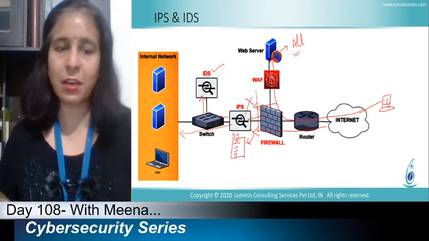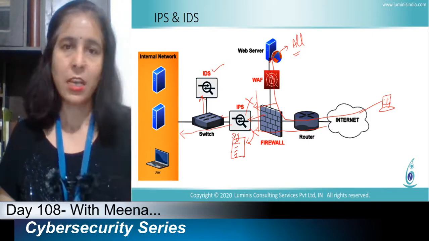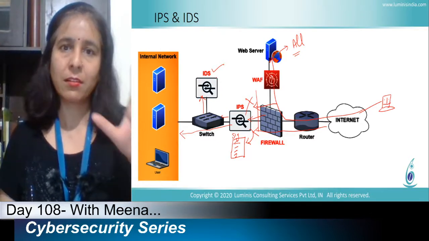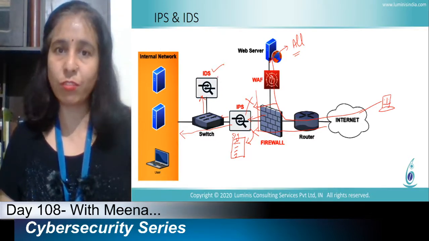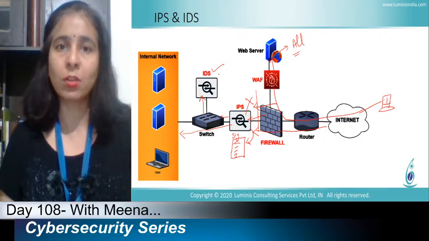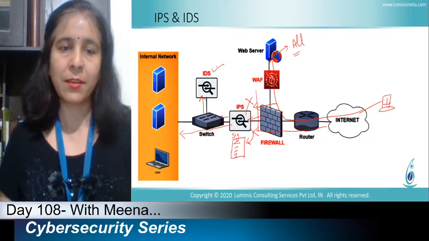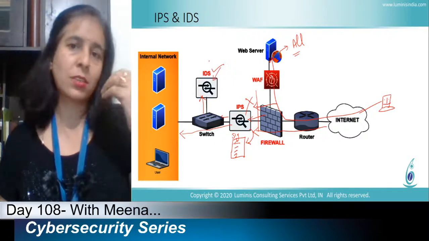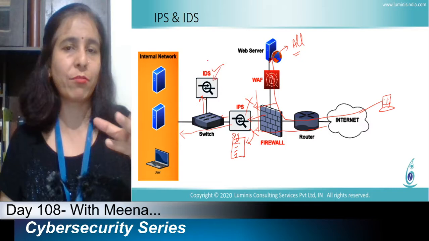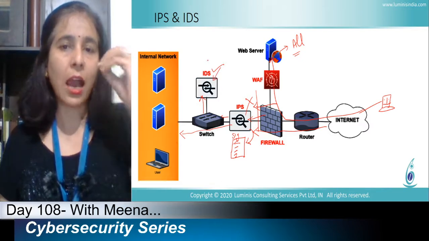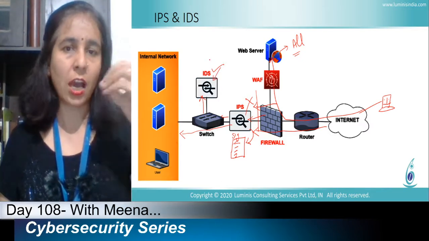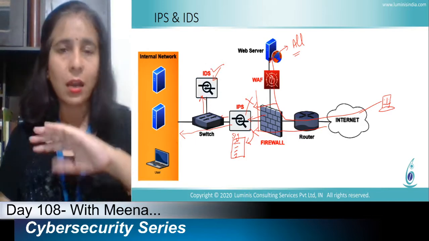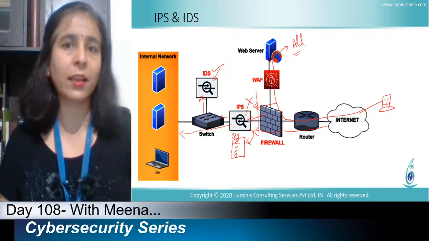Legitimate traffic is passed. If it finds that the traffic matches an attack pattern that has been configured, it will send an alarm or a message saying this type of traffic has been detected in our network. So it will only detect, it will not block it.